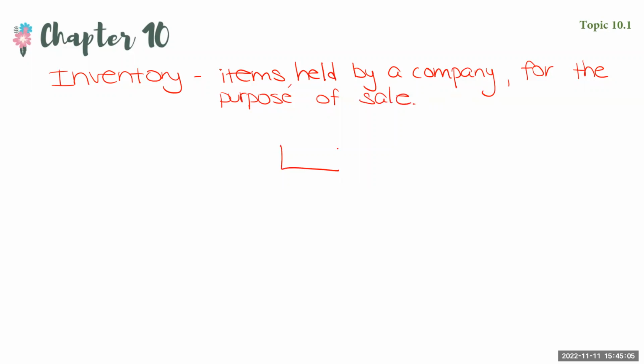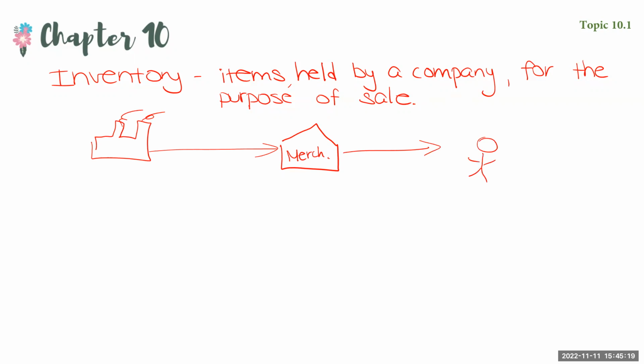Right? And we said we're focused on merchandisers, right? Those merchandisers, they buy the goods from their supplier, and then they hold on to that inventory with the purpose of selling them to their customers, right?